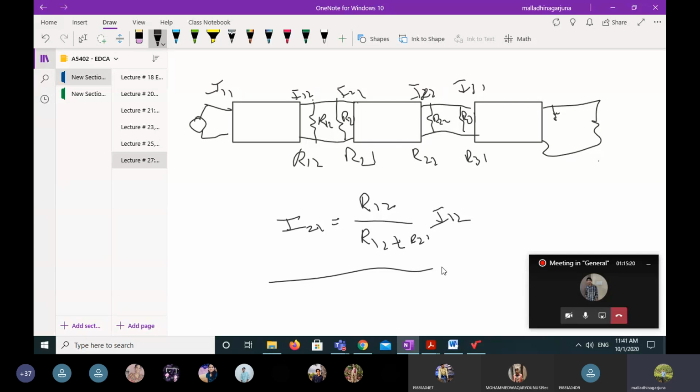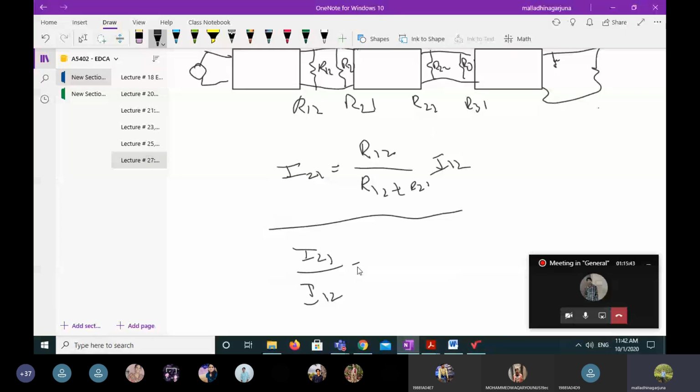This is the formula you have to remember. That is the current division rule: I21 equals the opposite resistance R12 by R12 plus R21, into the opposite current I12. So I21 divided by I12 equals R12 divided by R12 plus R21. This extra parameter we have to write in the overall current gain equation.